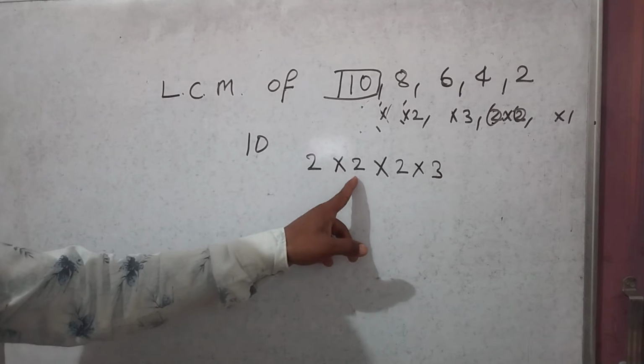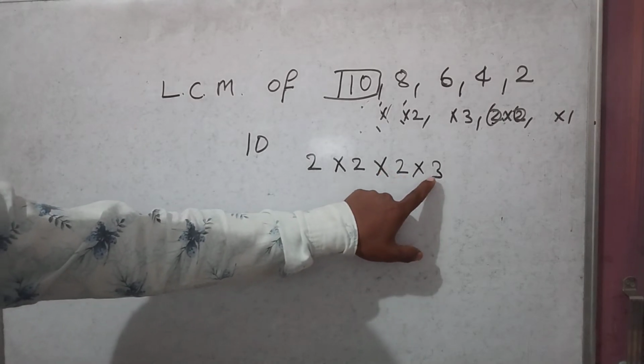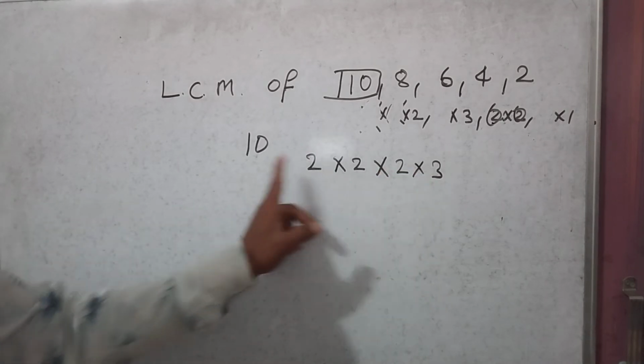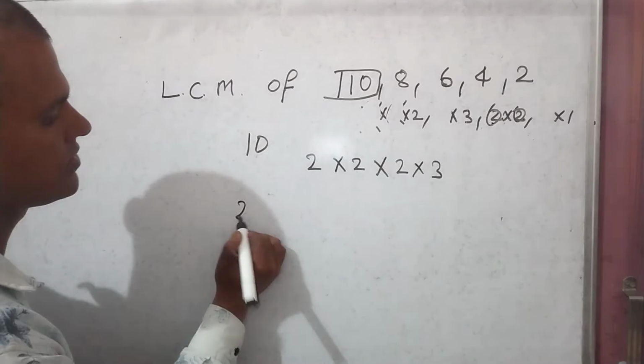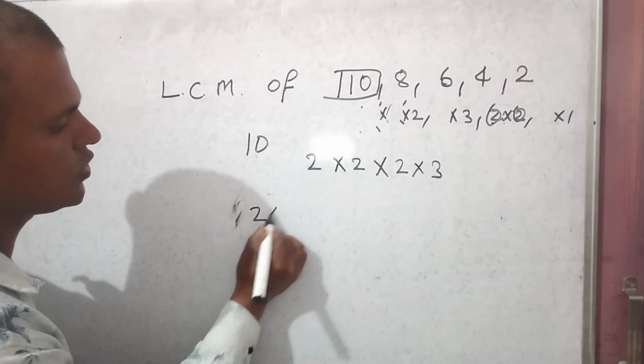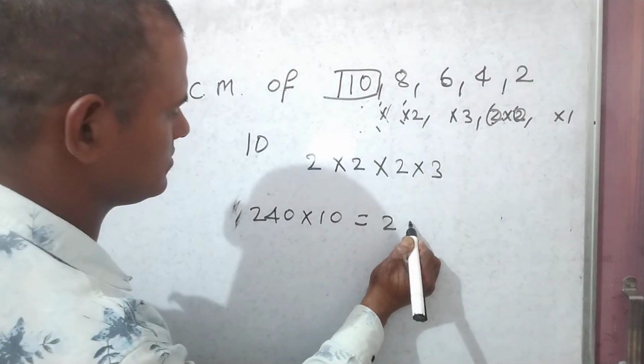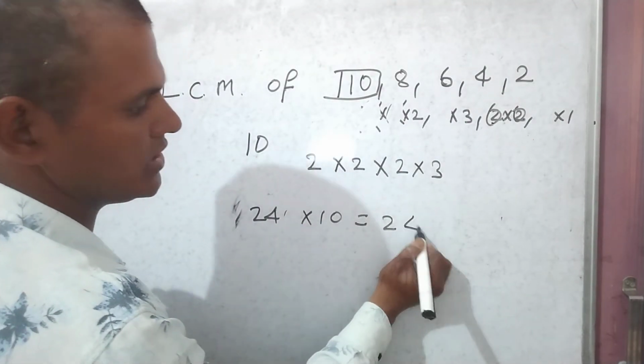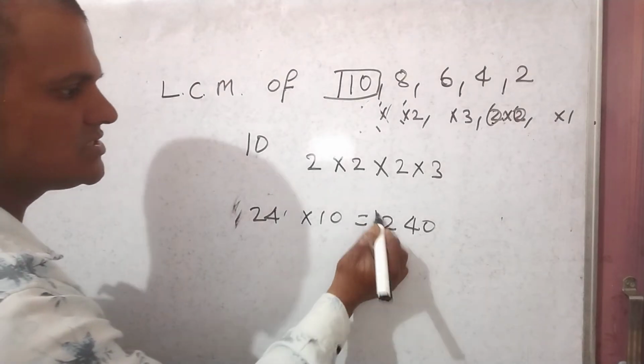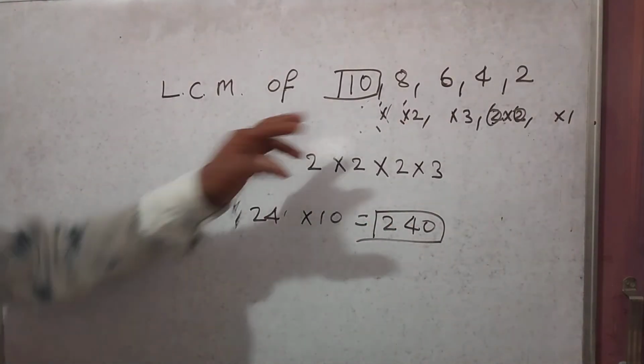So 2 into 2 is 4, into 2 is 8, into 3 is 24. 24 into 10 will be 240. So the LCM is 240 for this series, right?